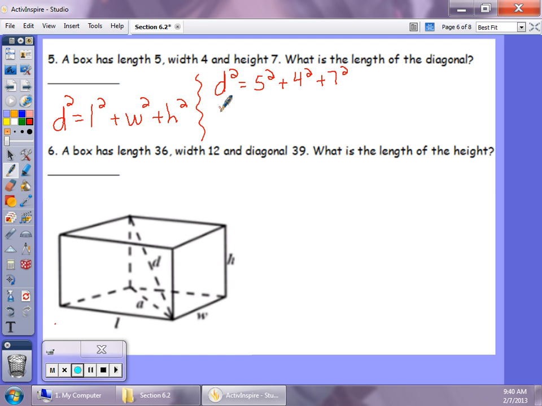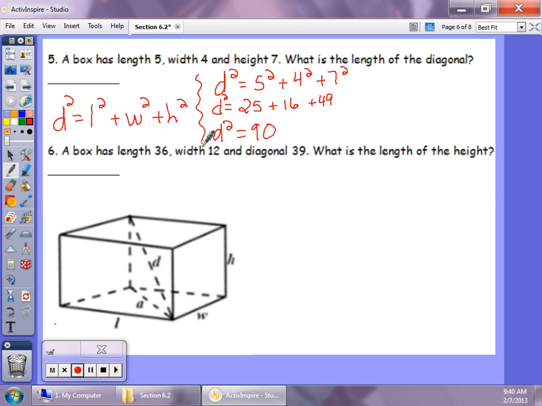So let's go ahead and start simplifying. So 5 squared is 25, 4 squared is 16, and 7 squared is 49. So 25 plus 16 plus 49 is equal to 90. So D squared equals 90.